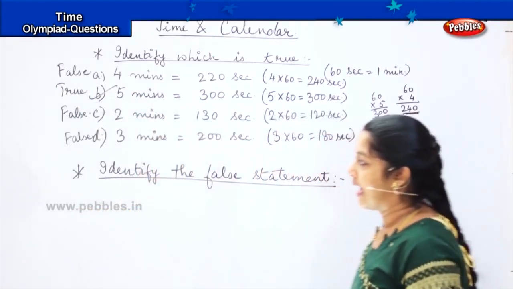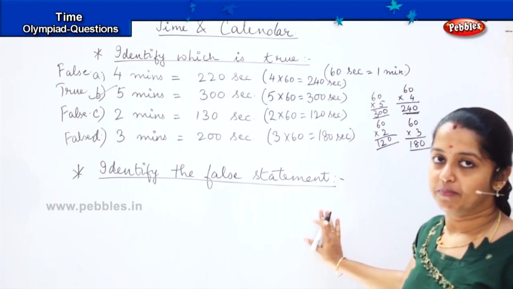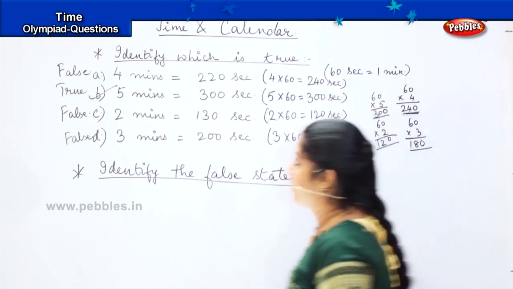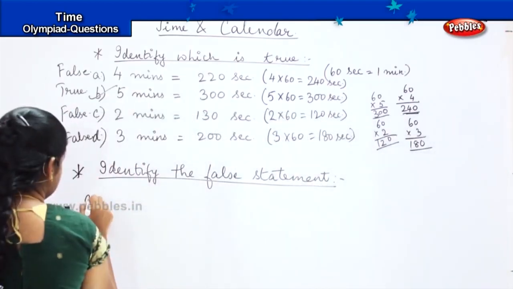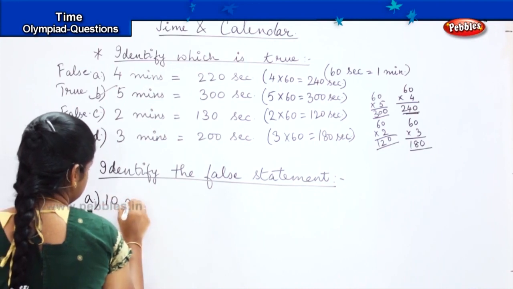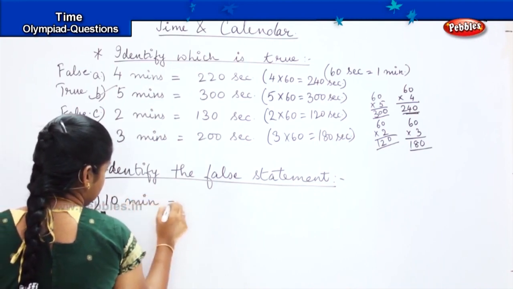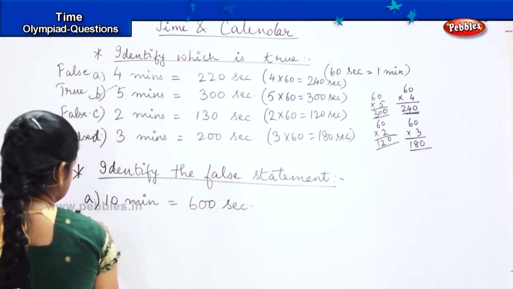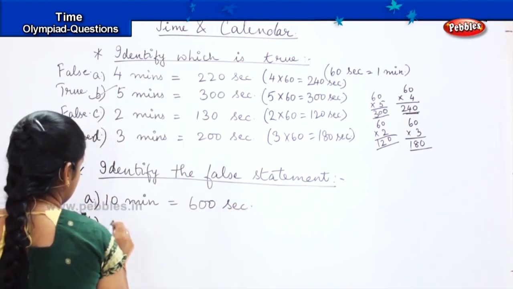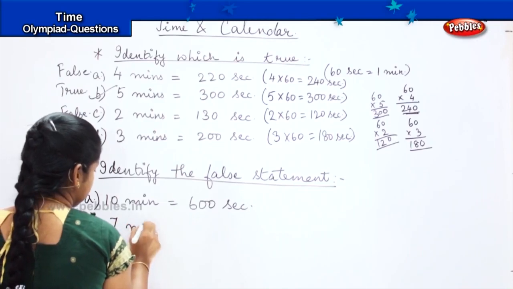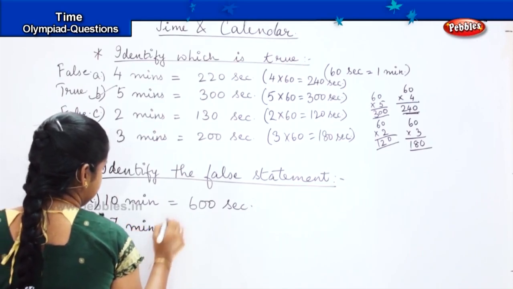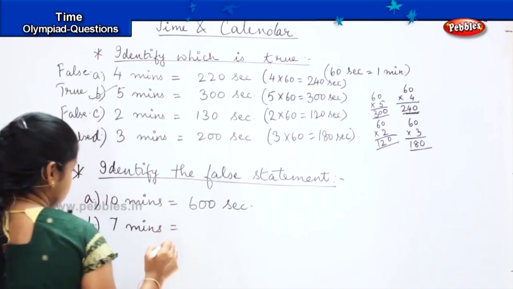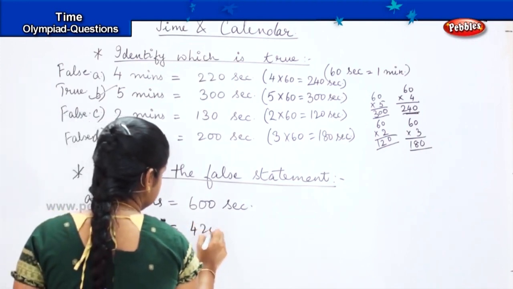Now I am going to identify the false statement from the given options. The options are: 10 minutes equals 600 seconds. Second one, 7 minutes equals 420 seconds.